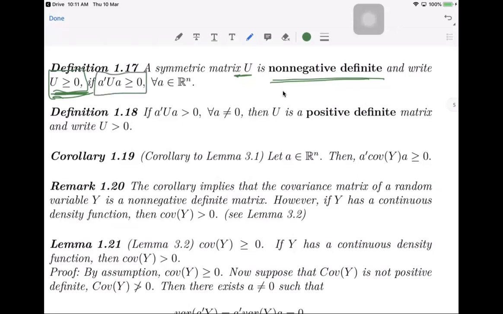So you can always find a vector n by 1 such that A prime U A is also non-negative.